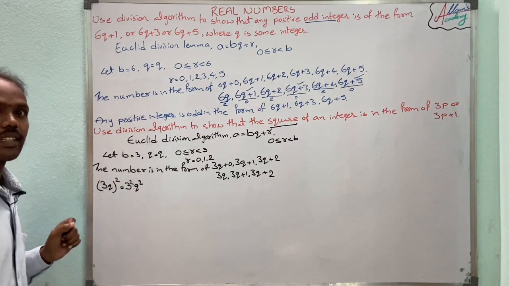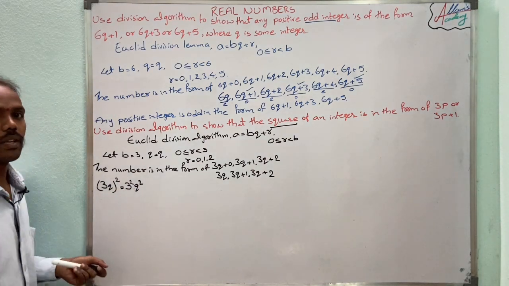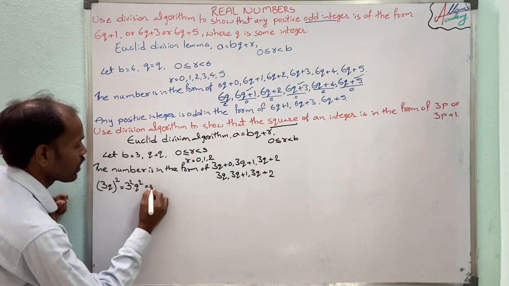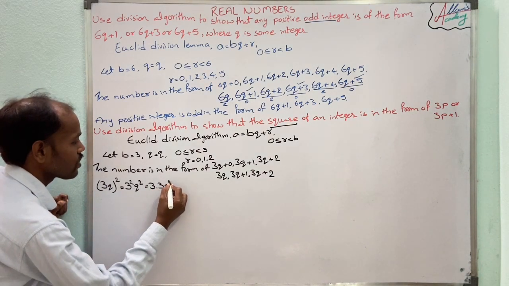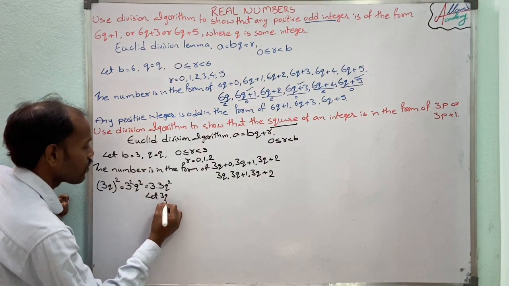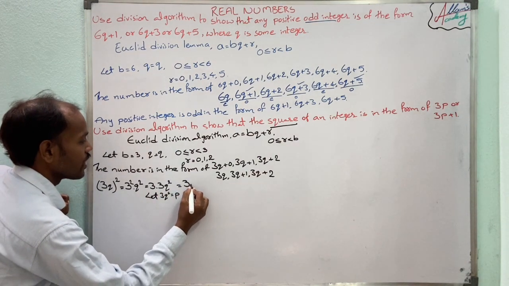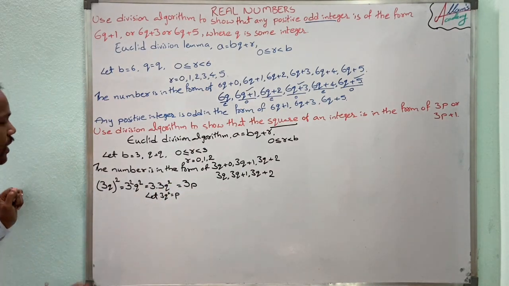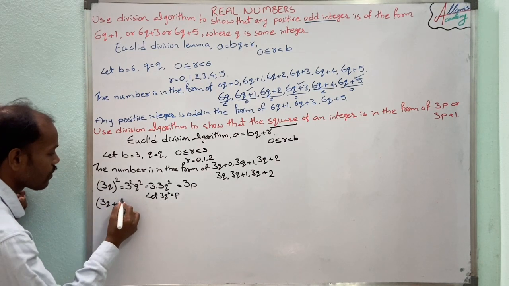Why? Because we already studied in the exponents chapter, (ab) power m equals a power m into b power m. So 3 square into q square is 3 into 3 into q square. Now let 3q square equal p. Then it is written as 3 into 3q square, which is nothing but p. So 3 into p.